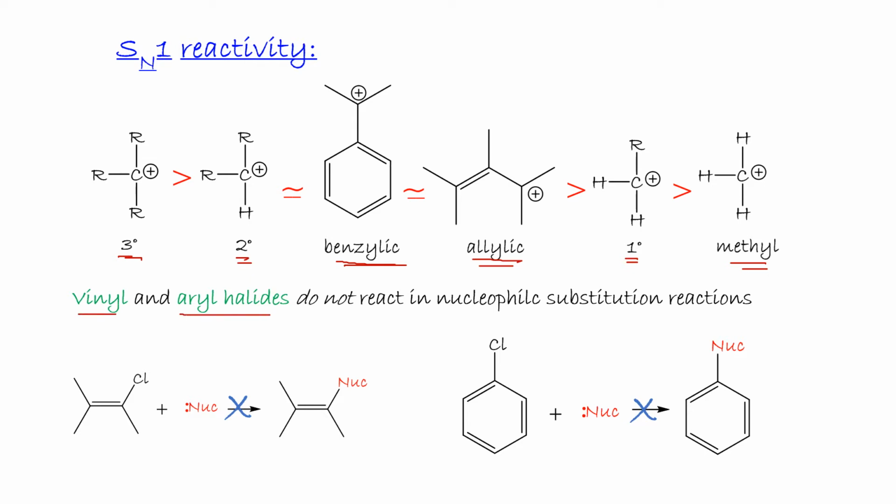Vinyl and aryl halides do not react in nucleophilic substitution reactions. So the reaction of vinyl chloride with a nucleophile will not give nucleophile displacement of the chlorine. Again, chlorobenzene will not react with a nucleophile to form a new nucleophile bond.